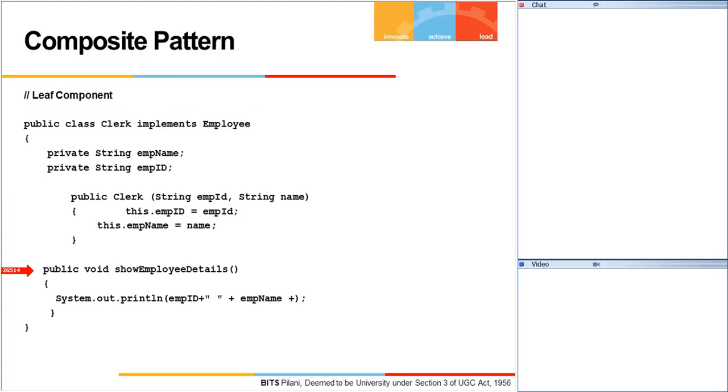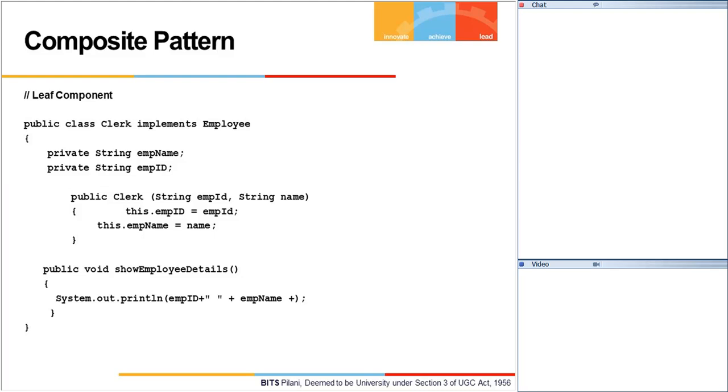Additionally, if you see here, it provides implementation for the method which is there in the employee interface. So this provides implementation for the show employee details. What does show employee details do? It prints out the employee ID and the employee name, right? Additionally, this clerk class also has two attributes, which are the employee name and employee ID.